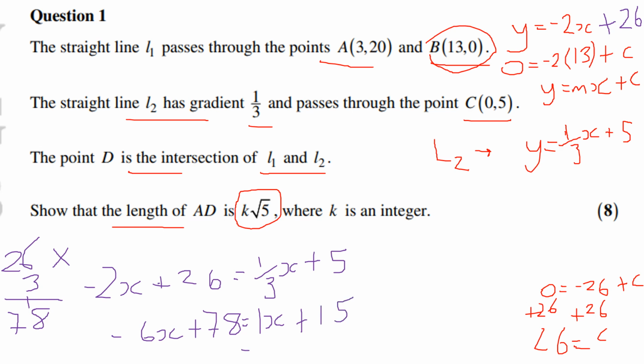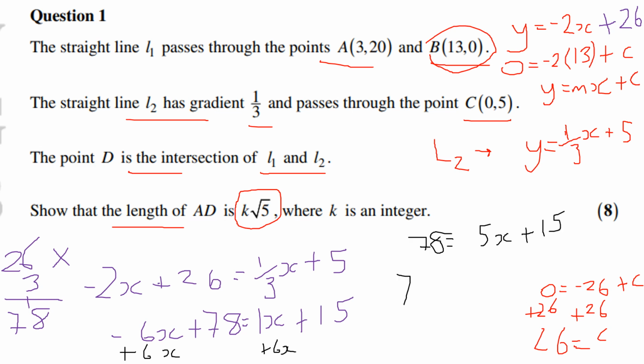I'm now going to add 6x to both sides to get all my x's on one side. So I have 78 equals 5x plus 15. Subtract 15 on both sides and then divide through by 5.